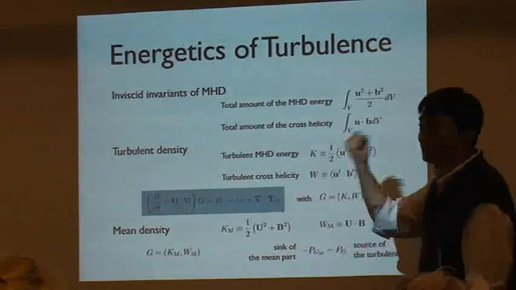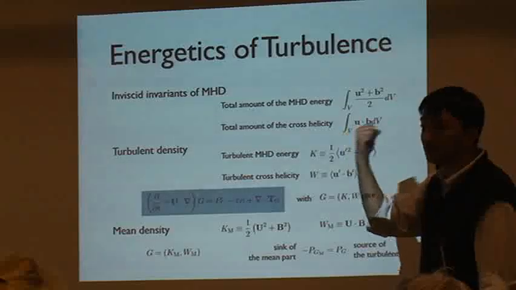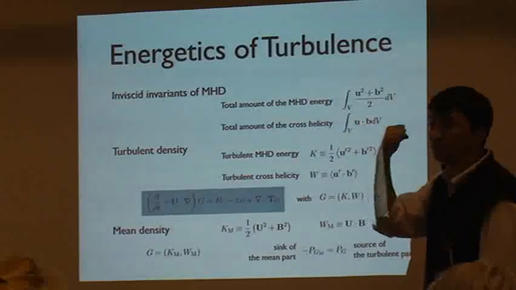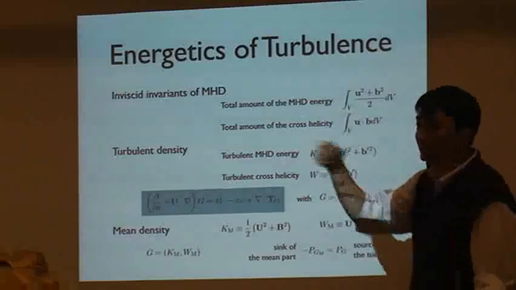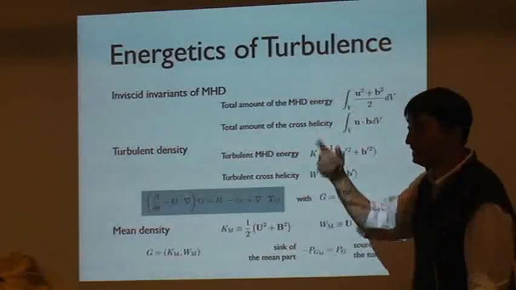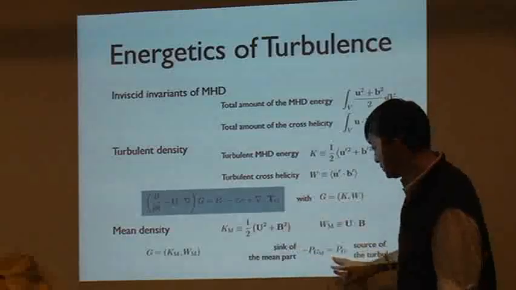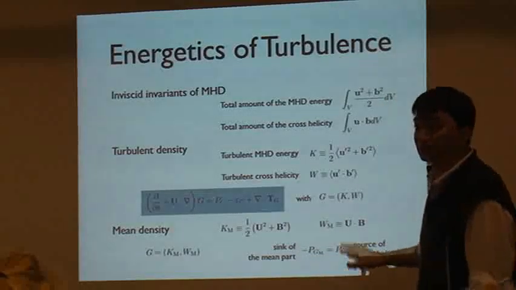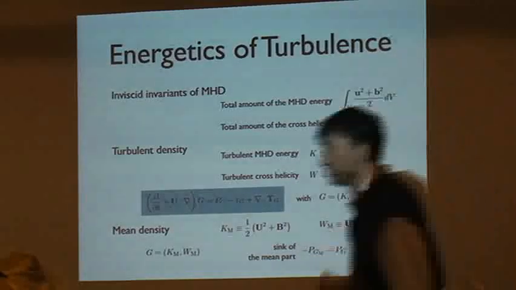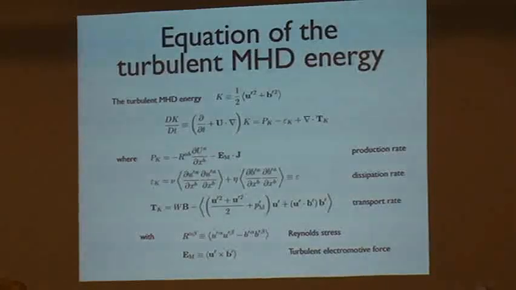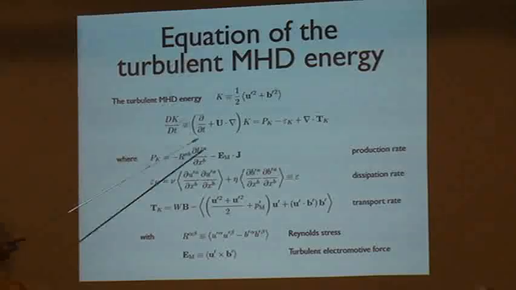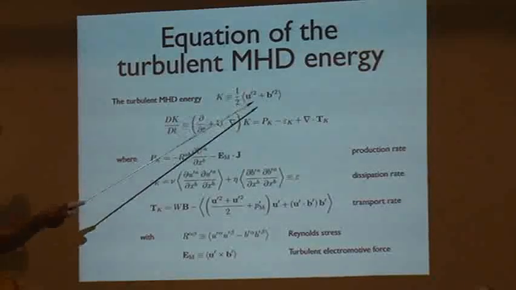So if we have a mean shear of velocity and mean shear of magnetic field, and also mean current density, we have production of the turbulent quantity. Then this is the equation for the turbulent MHD energy.